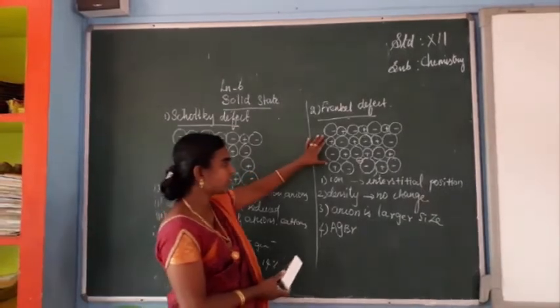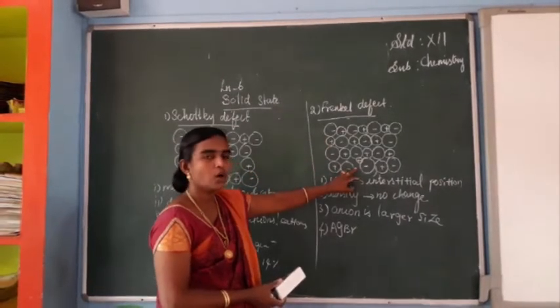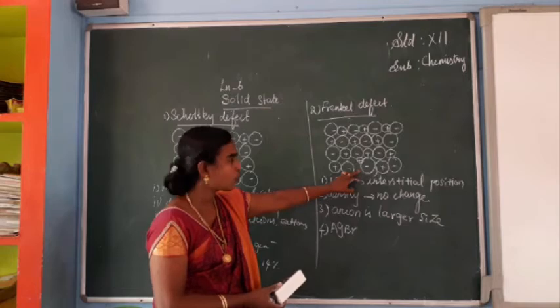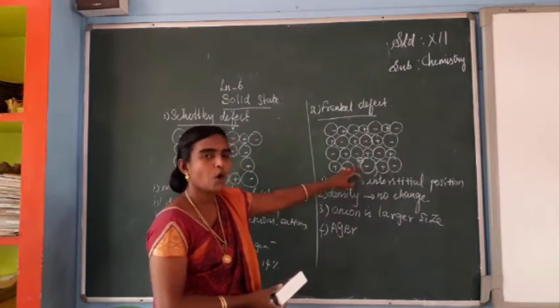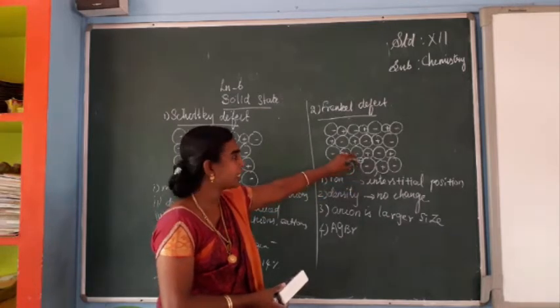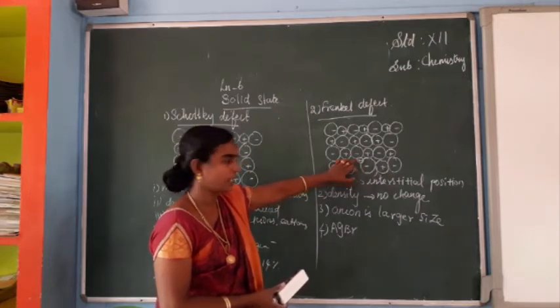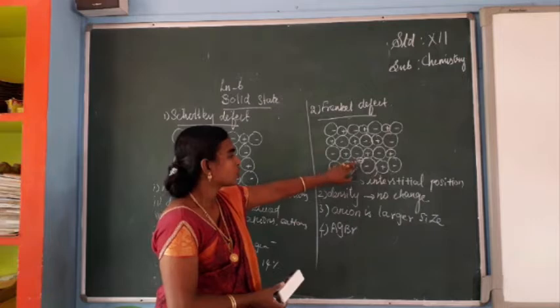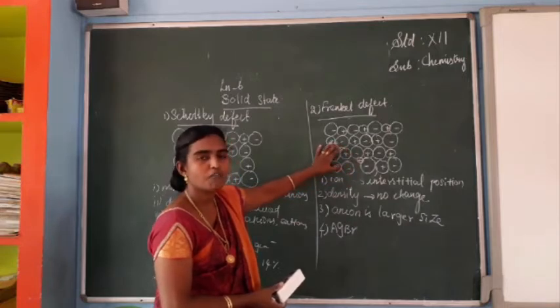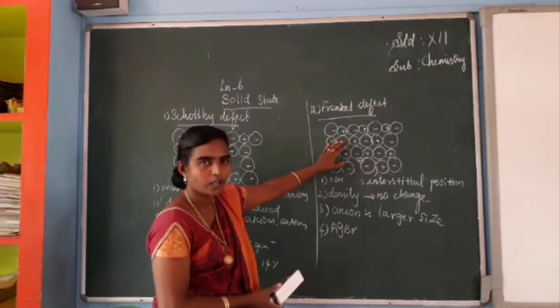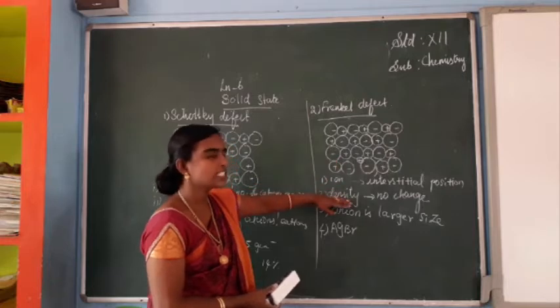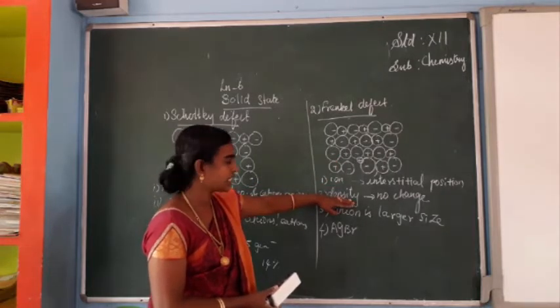So in Frenkel defect, one of the ions moves from its original position and occupies the space in between the layers, that is called the interstitial position. Next. There is no change in the number of positive ions and negative ions, so the density of the crystal will not change.